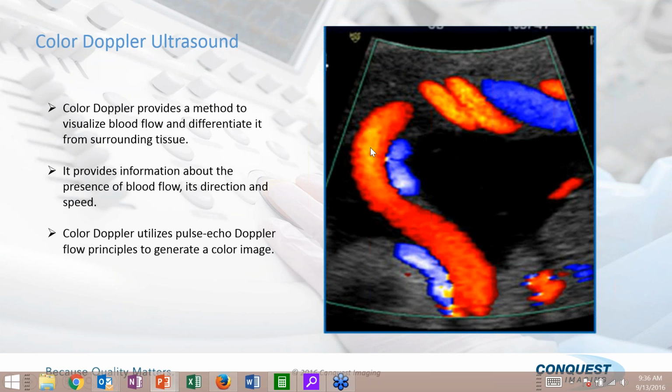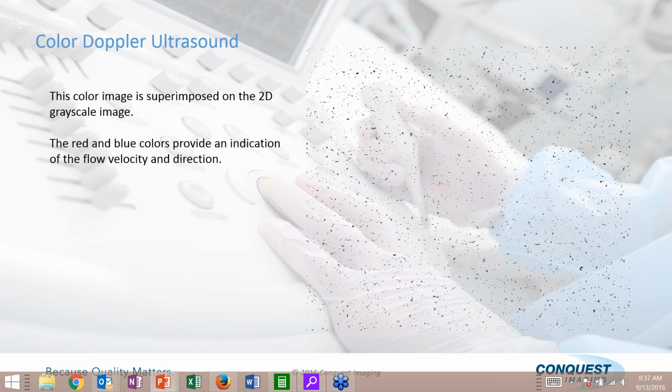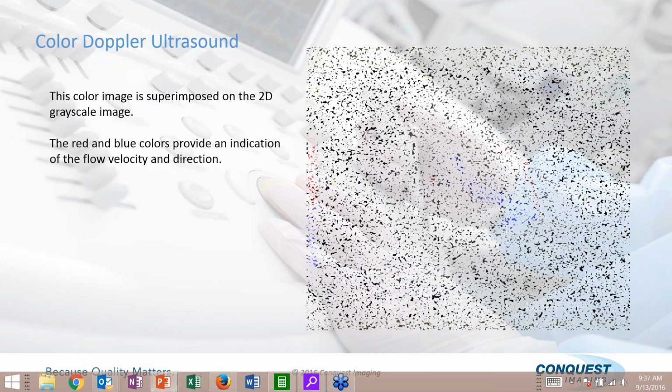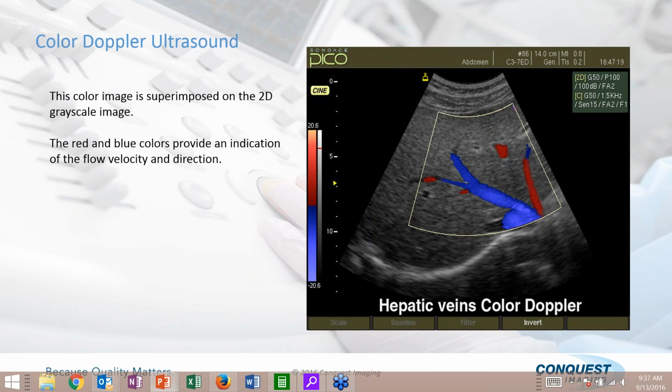The red, orange and yellow is blood going towards the transducer, and the dark and light blue is blood going away from the transducer. So we're sending sound waves into the blood vessel, and we're assigning colors based on whether the blood is coming towards us or away from us and how fast it's going.